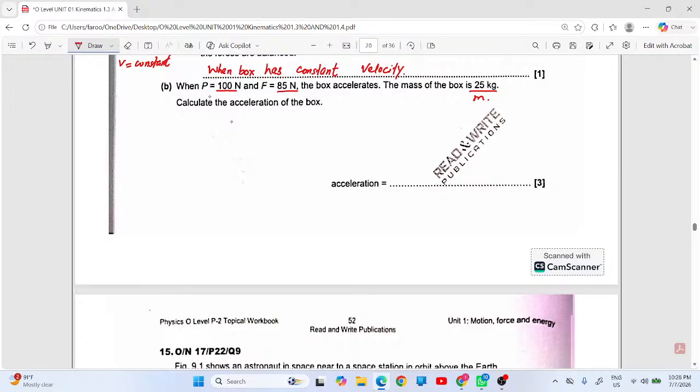The forward and backward forces are given. So we know that F equals ma, a equals F over m. This one is the net force over m. Net force is 100 minus 85. 100 is acting towards right and frictional force is acting towards left.